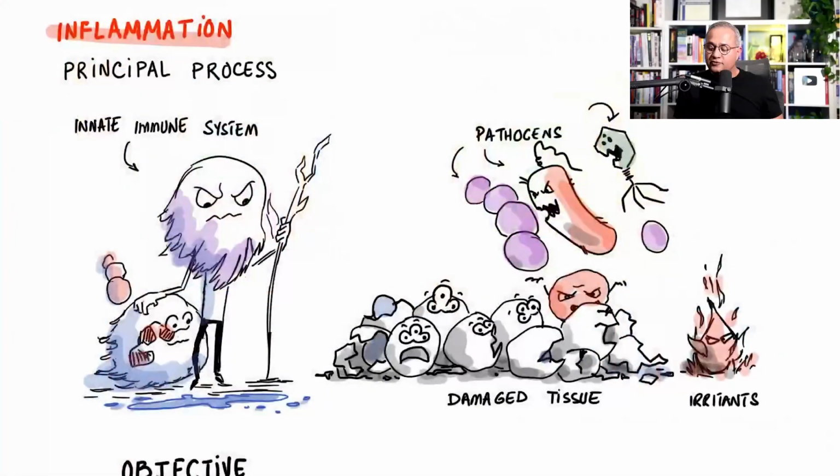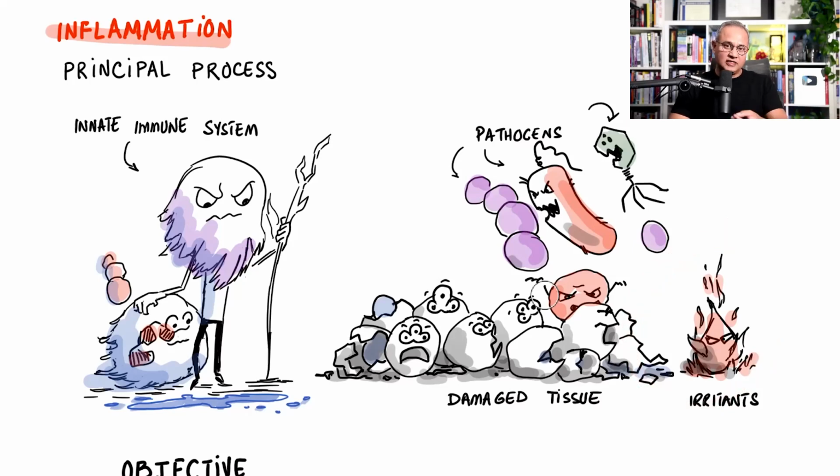So let's start. First of all, what is inflammation? Today we're going to talk primarily about the cellular mechanisms of inflammation. Inflammation is the principal process of our body, which is mainly run by the innate arm of the immune system. And this process is tasked with elimination of microbes, any pathogens that may have invaded our body, for example, viruses, bacteria, fungi, or irritating substances, for example, silica dust or pollens or other allergens.